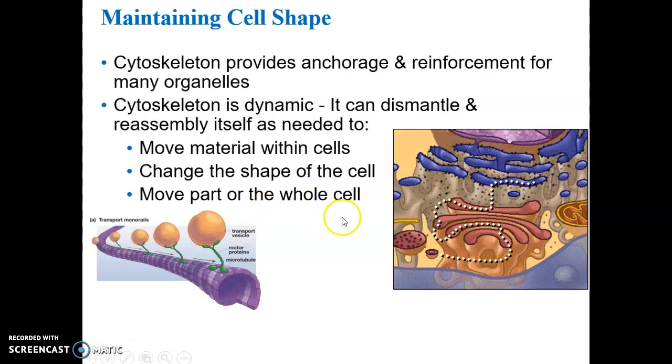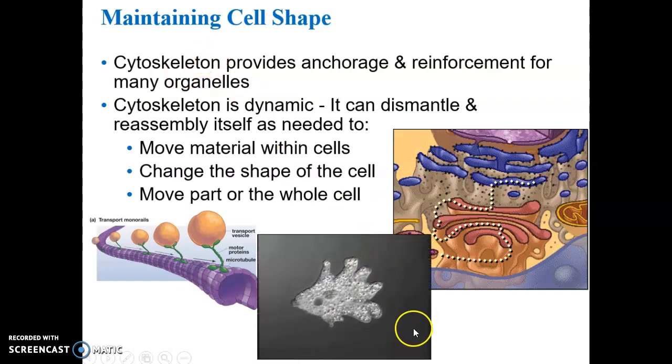And if the entire cell is moving, like remember when we talked about the prokaryotic cell with the flagella swimming through the water? What's moving and driving the flagella is components of the cytoskeleton. So anything that's involving movement within the cell or of the cell itself, think cytoskeleton.